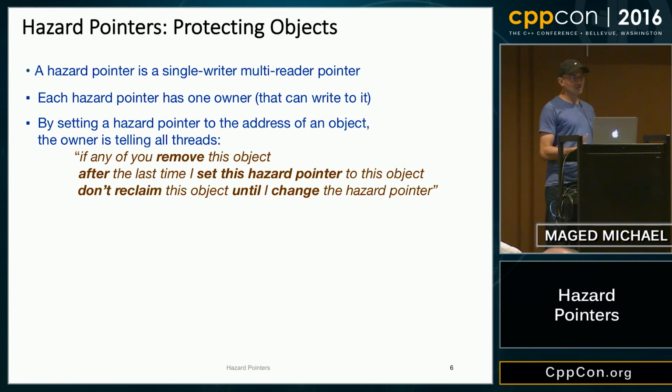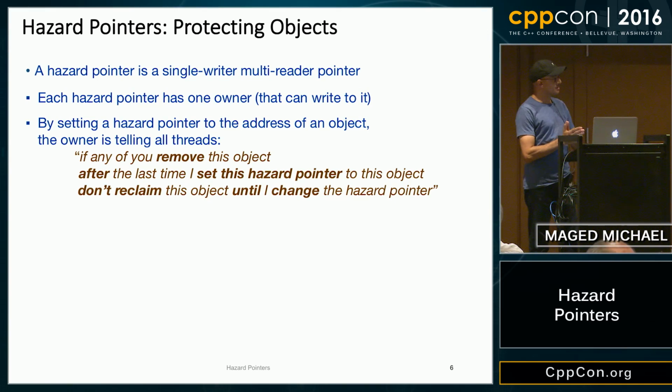A hazard pointer is a single-writer multi-reader pointer-size location, and each hazard pointer has one owner at any time that can write to it, but other threads can read from it.